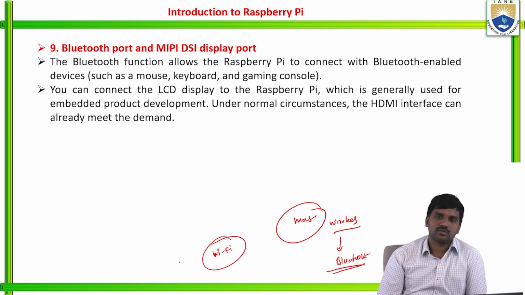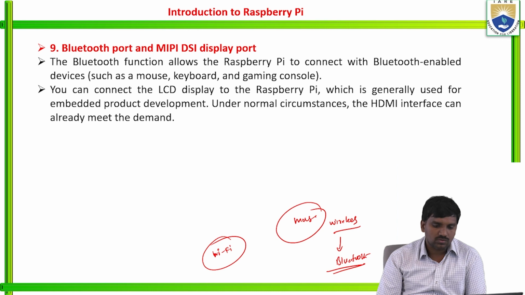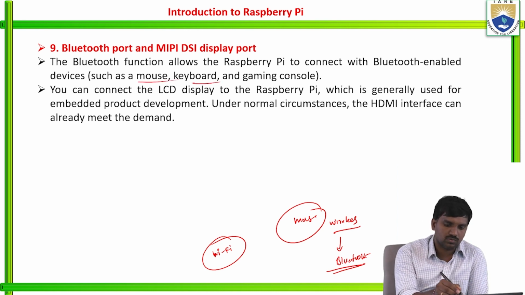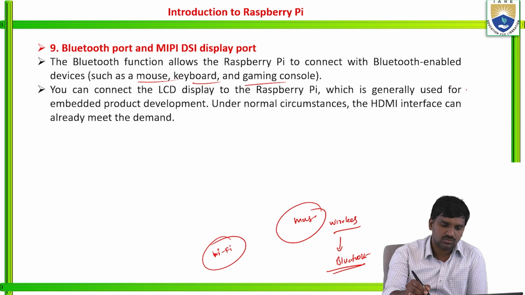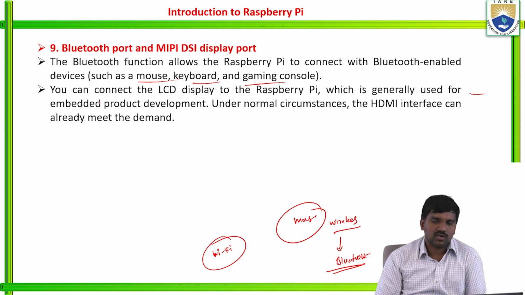I'm using a Bluetooth mouse also. So with the help of Bluetooth, we can connect a mouse, keyboard, gaming console like that. You can connect the LCD display to the Raspberry Pi, which is generally used for embedded product development. Under normal circumstances, the HDMI interface can already meet the demand.